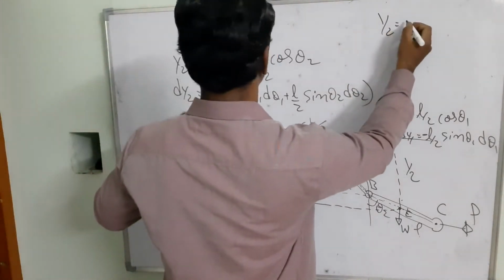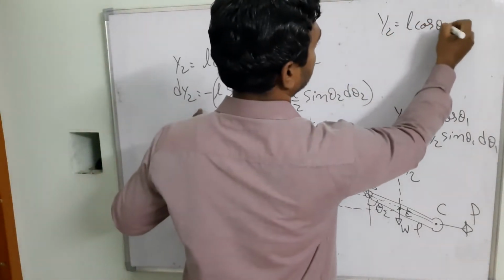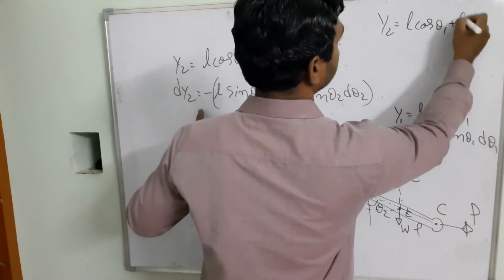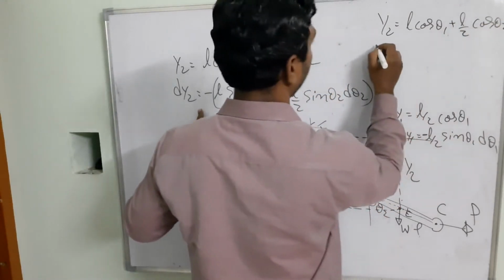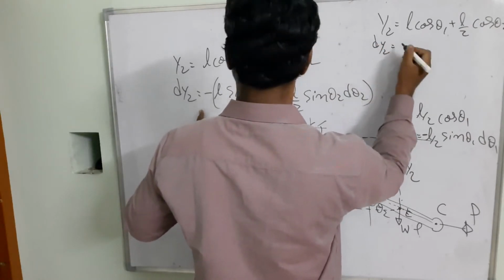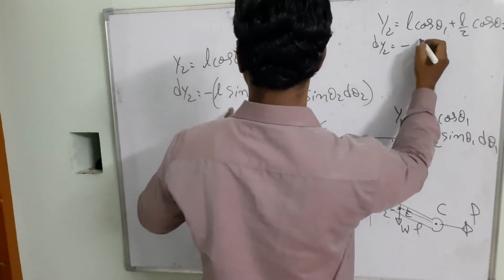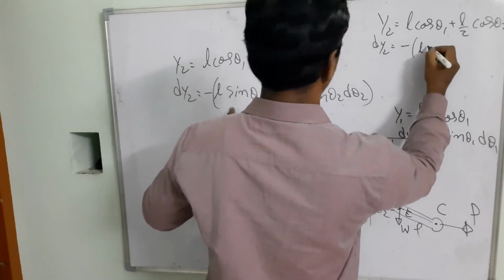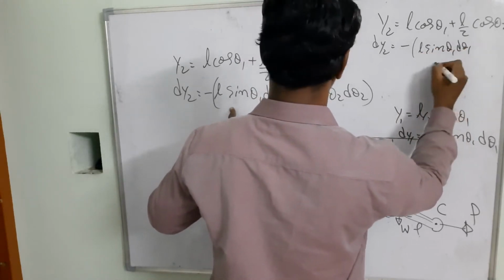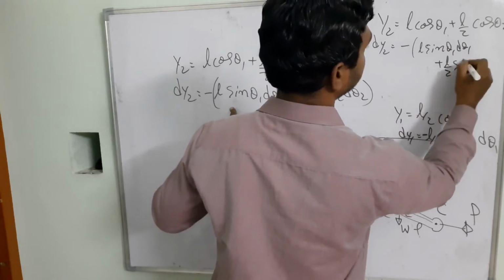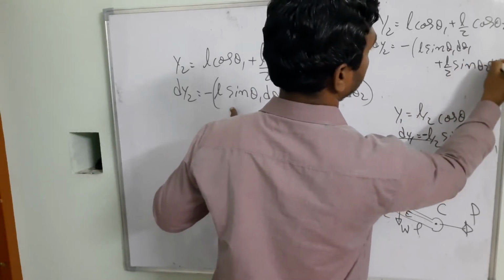So y2 is equal to L cos theta 1 plus L by 2 cos theta 2. Similarly, dy2 is equal to minus of L sin theta 1 d theta 1 plus L by 2 sin theta 2 d theta 2.